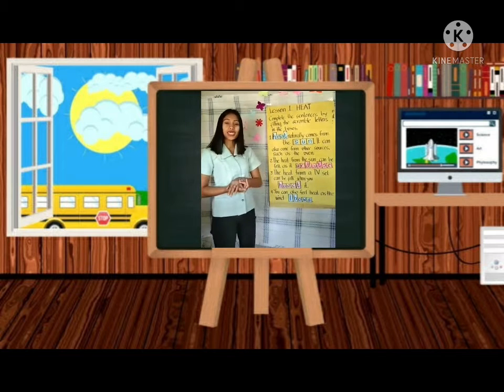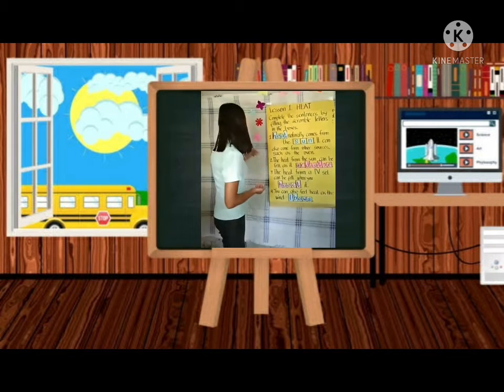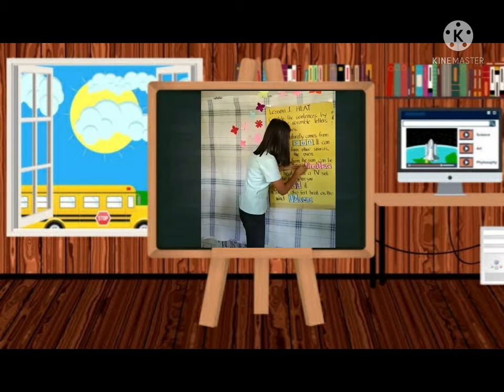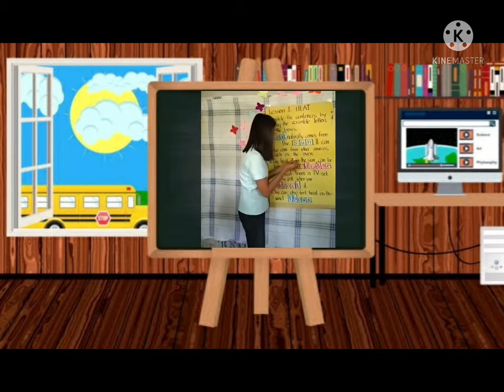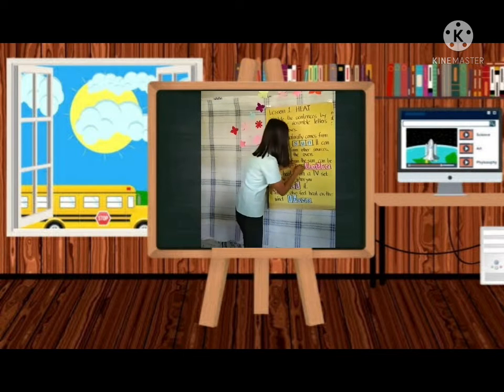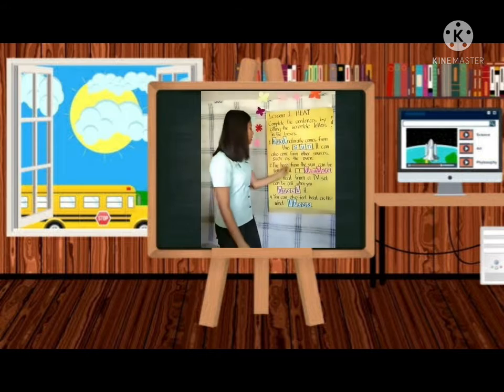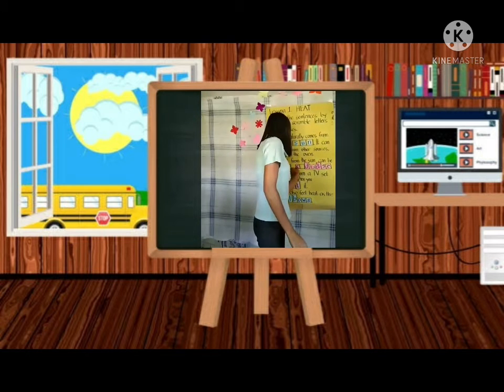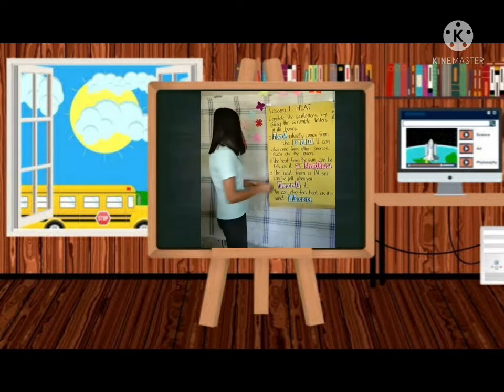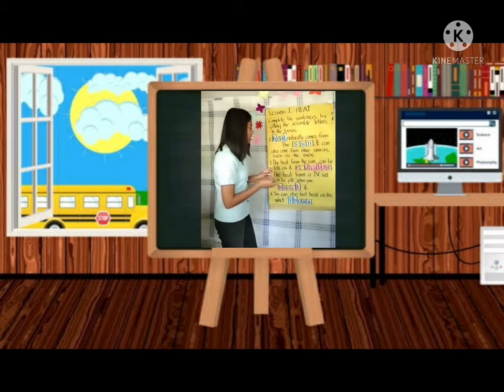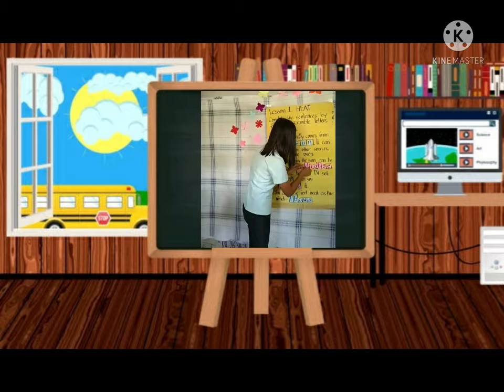No. The first letter would be letter R. So, we put the letter R on the first box. And we get this letter A. And the second letter is? Okay, this will also be the letter A.